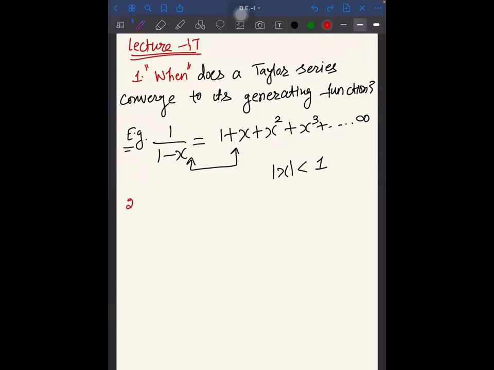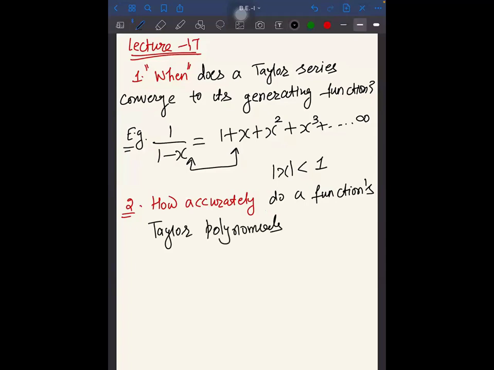And secondly, our second question is: how accurately does a function's Taylor polynomial approximate the function on a given interval?